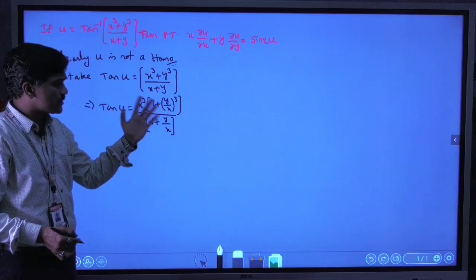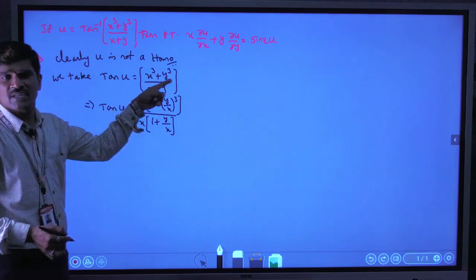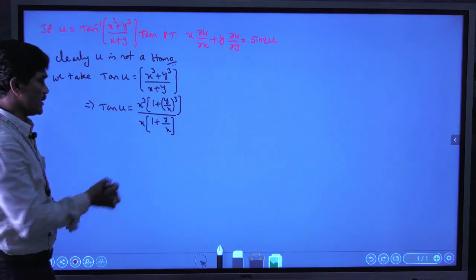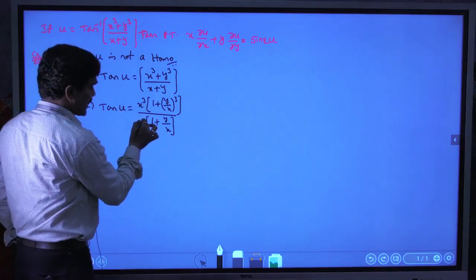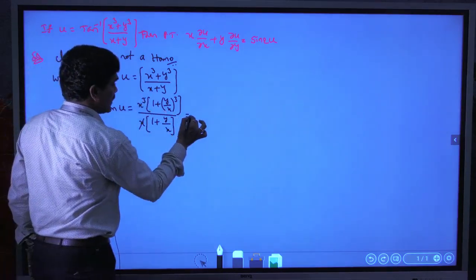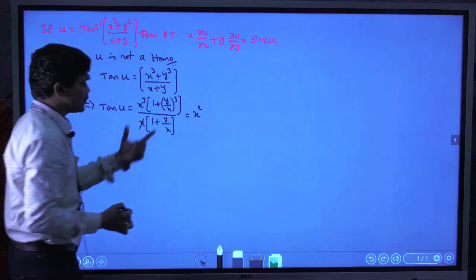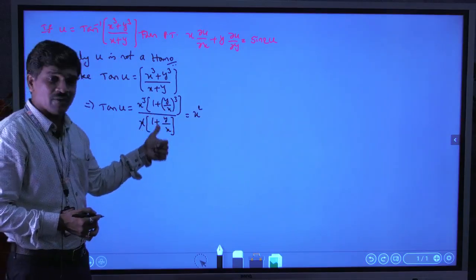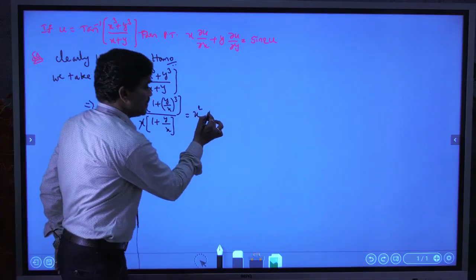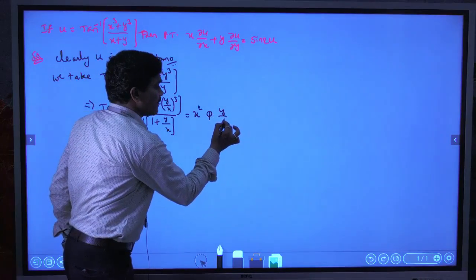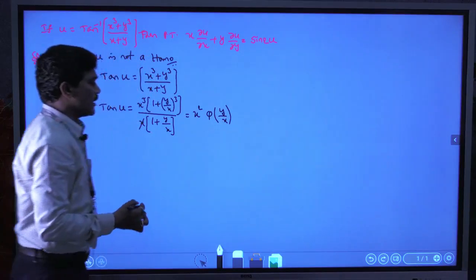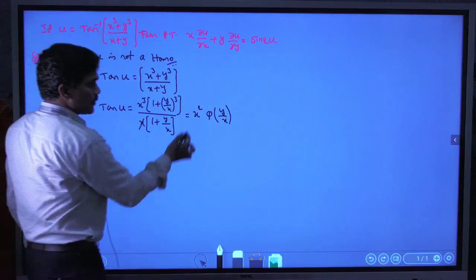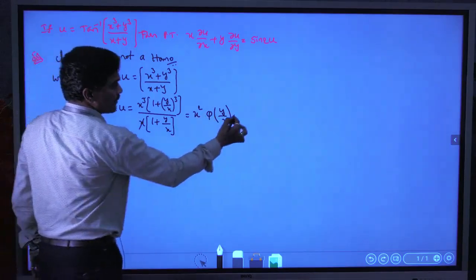You can multiply x in the denominator and x³ in the numerator, and then we get the same function (x³ plus y³)/(x plus y). Now in this, x³ by x cancels, so finally we get x² into a function of y/x. Let it be some φ(y/x), right? Now tan u is equal to x² φ(y/x).